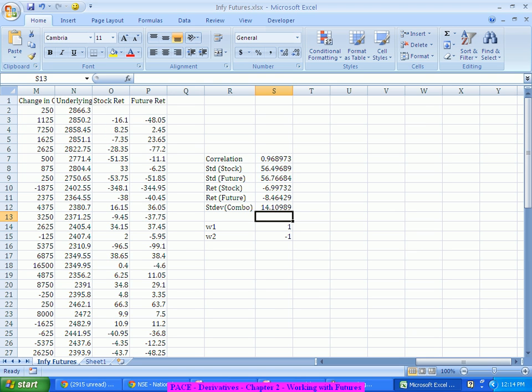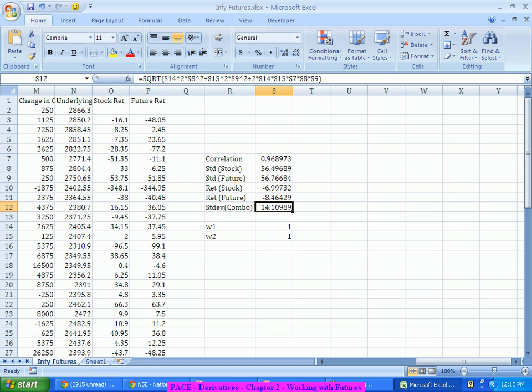Now, the next logic for me is, is there any way I can bring this number to zero altogether, by changing probably this number? I want to reduce my risk.